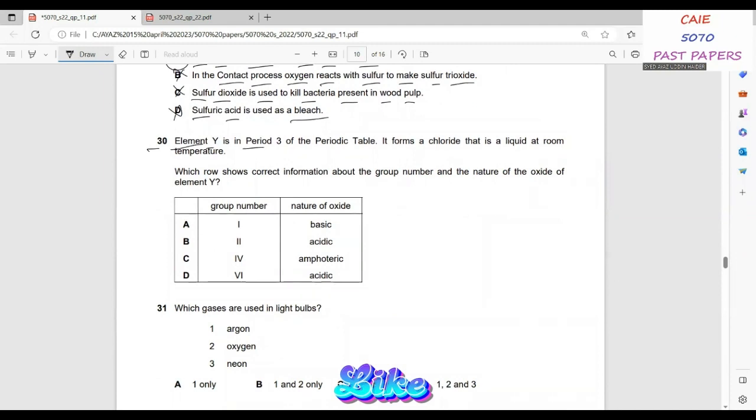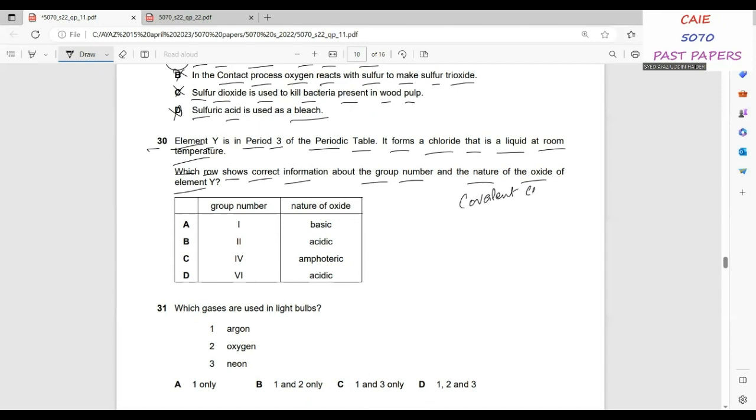30. Element Y is in period 3 of the periodic table. It forms a chloride that is a liquid at room temperature. Which row shows correct information about the group number and the nature of the oxide of element Y? If the chloride exists in liquid state at room temperature and pressure, then it must be covalent.